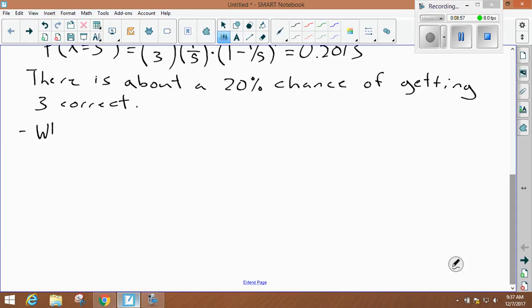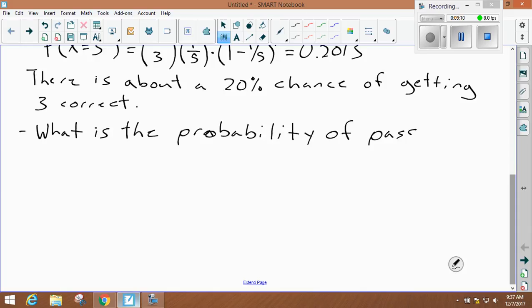Alright, so let's say, what is the probability of passing? What does passing mean? That means not failing. The complement of passing is failing. So we're saying 60% or better, right?